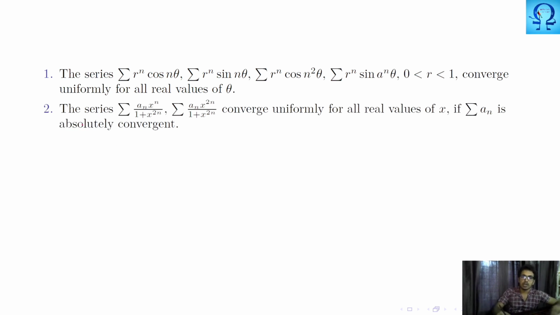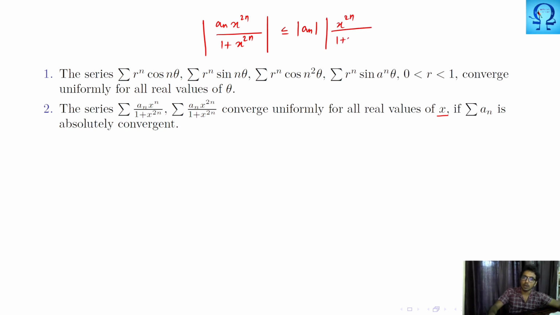Moving to the next problem. These given series converge uniformly for all real values of x if the summation of An is absolutely convergent. Let us consider the absolute value of An times x^(2n) upon 1 plus x^(2n). This would be smaller than or equal to the absolute value of An times x^(2n) upon 1 plus x^(2n).